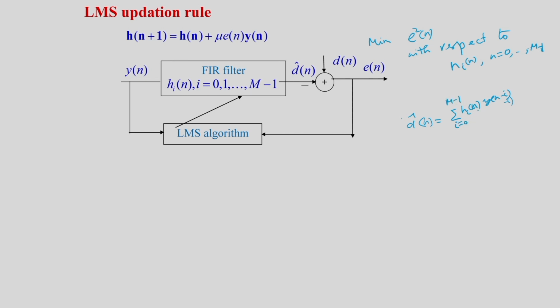So, we filter the signal y[n] with the filter coefficients at instant n, and then we get the error e[n] is equal to d[n] minus d hat[n]. This error is used to update the filter coefficients: h[n+1] is obtained as the previous filter h[n] plus mu into e[n] into y[n].